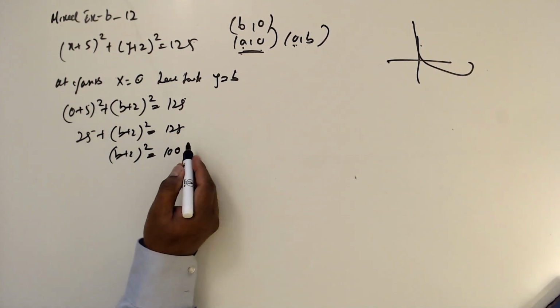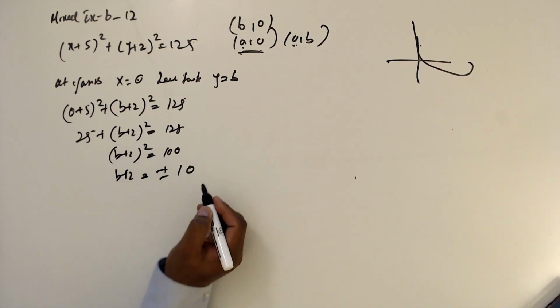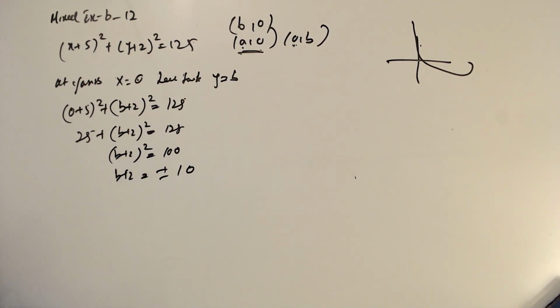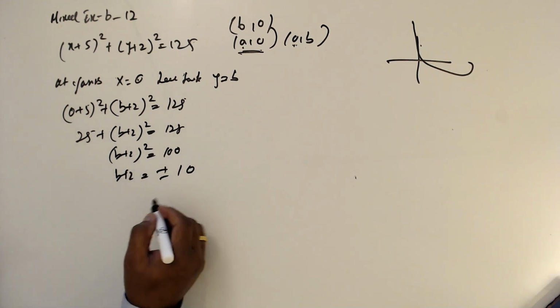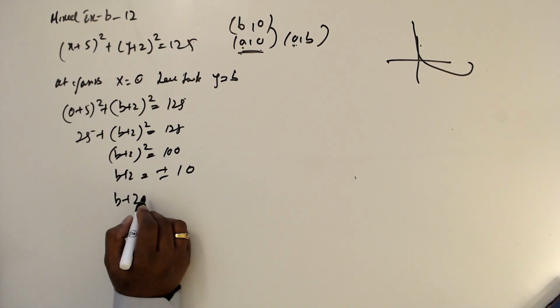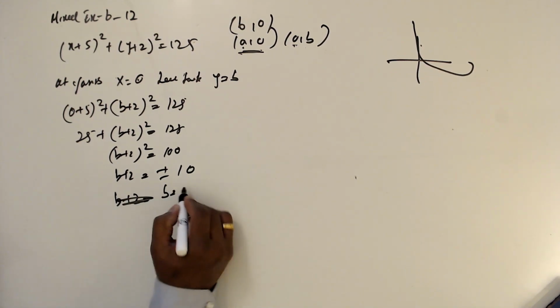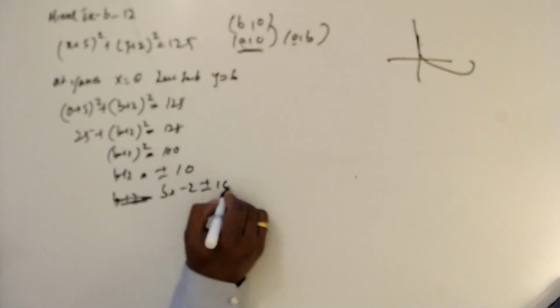When I take the square root, b + 2 equals plus or minus 10. So b equals −2 plus or minus 10.